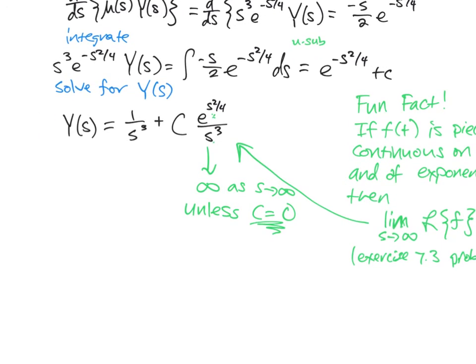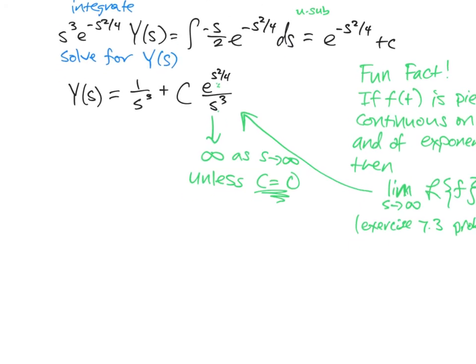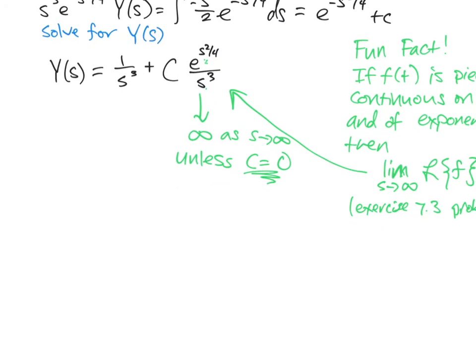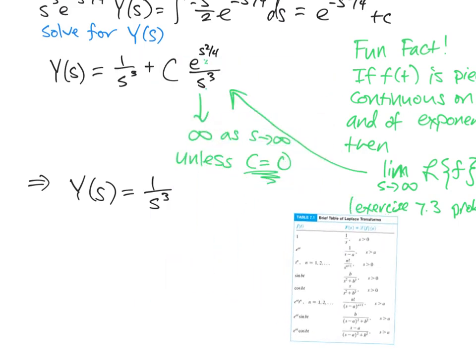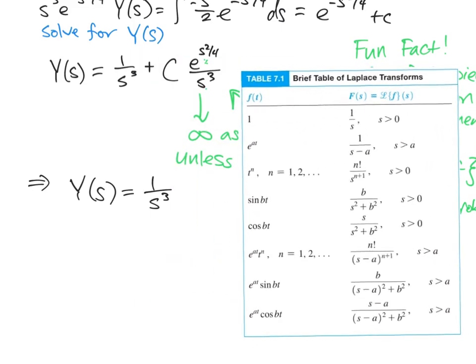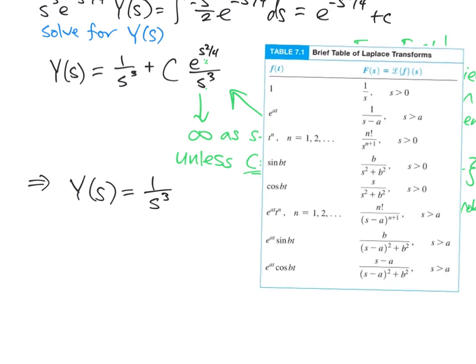So now we can come back over here and go back to black. And so therefore we get that capital Y of s equals 1 over s cubed. So now the last thing to do is take the inverse transform. So let's pull up our table of transforms again. We don't need that fun fact anymore right now.